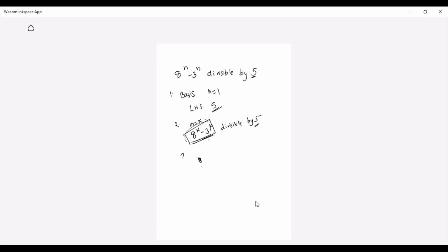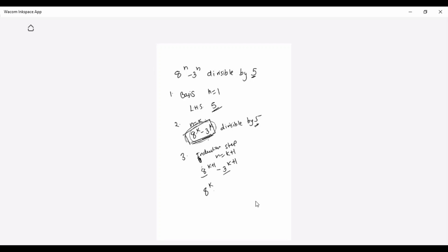Okay. The next step is what? Induction step, where we will put N is equal to K plus 1, right? So it would be 8 raised to K plus 1 minus 3 raised to K plus 1. So this term I need to adjust in such a way that I could take advantage of the term that I'm having.